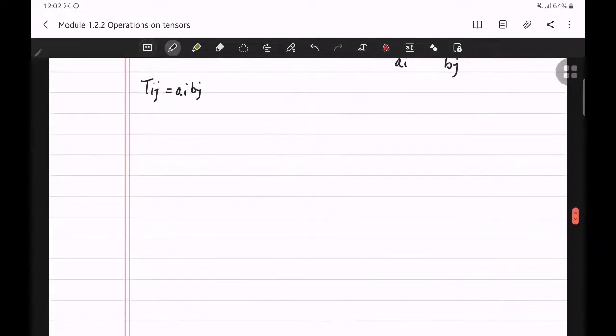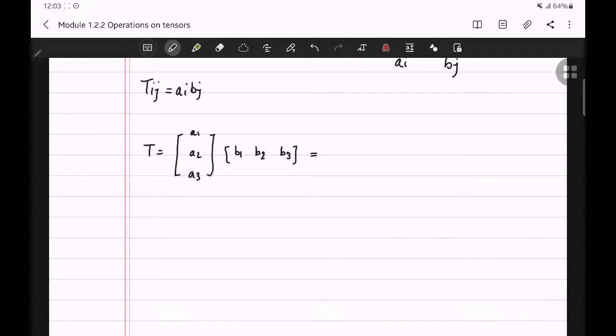So it means that if you have a tensor like T, this is equal to A1, A2, and A3, for example, here, and you have B1, B2, and B3.